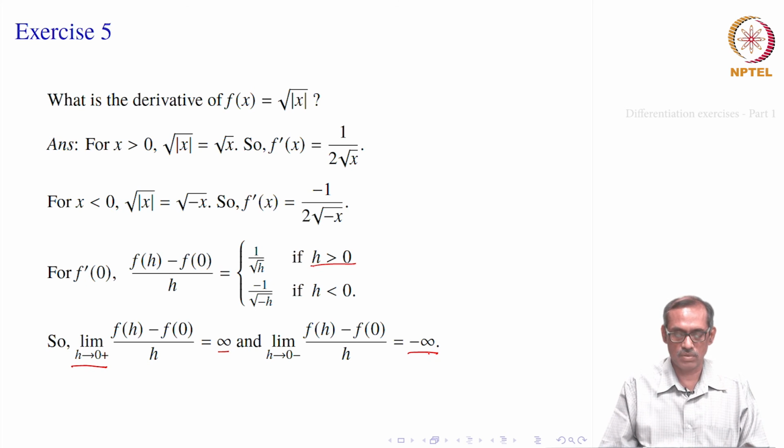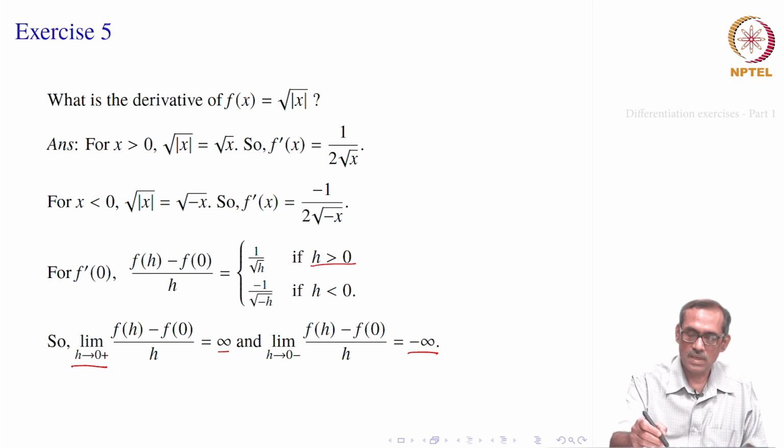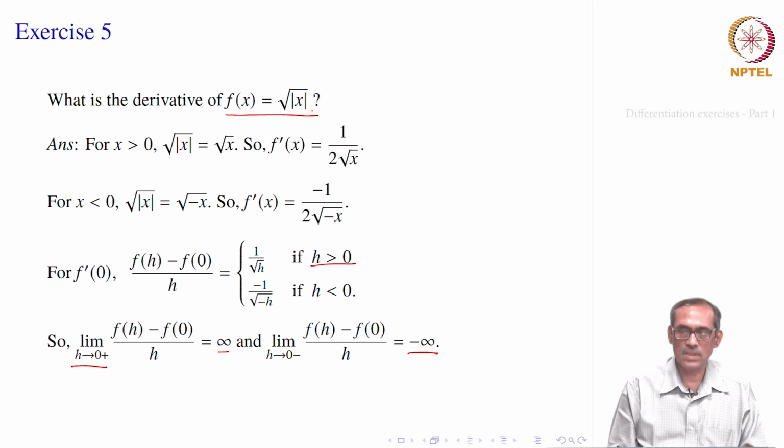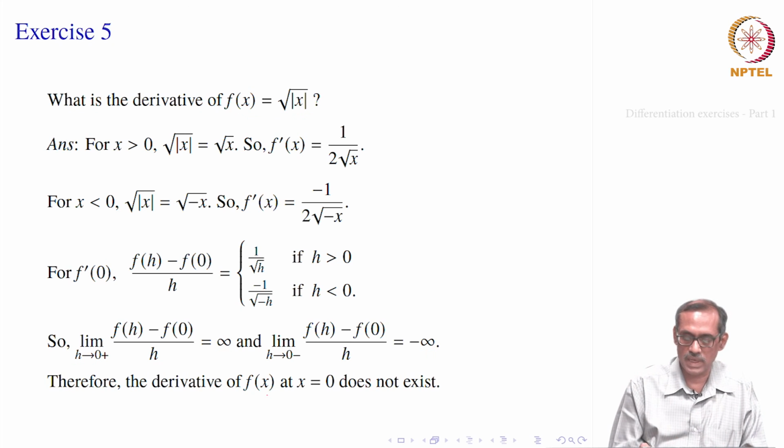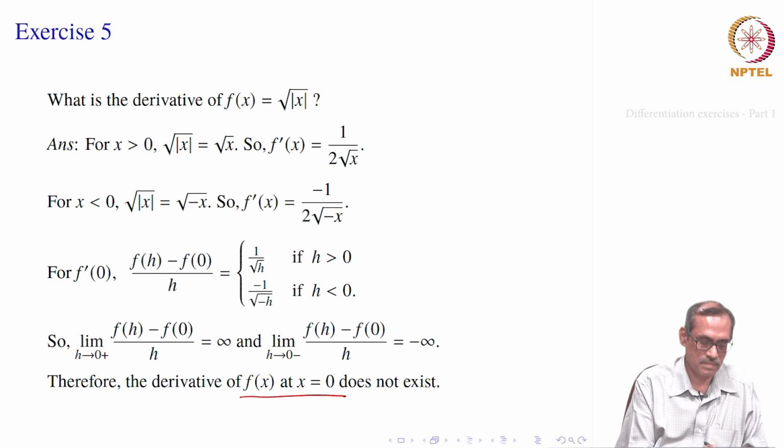Therefore f prime 0 does not exist; that is, the function f(x) equal to square root of mod x is not differentiable at x equal to 0. We cannot redefine it any way we like, because the limits blow up to infinity on one side and minus infinity on the other. That is why the derivative of f(x) at x equal to 0 does not exist.